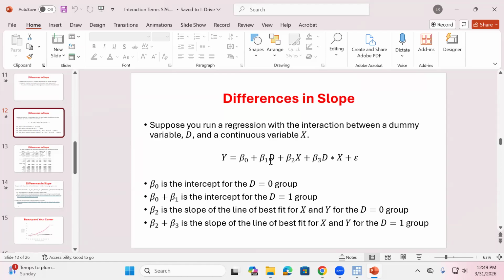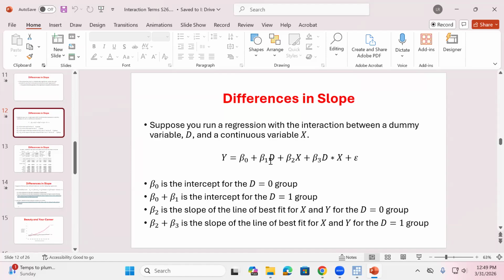So our marginal effect there is simply the coefficient on that continuous variable. For the 1 group, we're going to have that coefficient on the continuous variable, but now the dummy becomes a 1. So what gets added in? Beta 3 times 1. So we have this difference in the marginal effect. This continuous variable is going to have different impacts on y for these different groups.